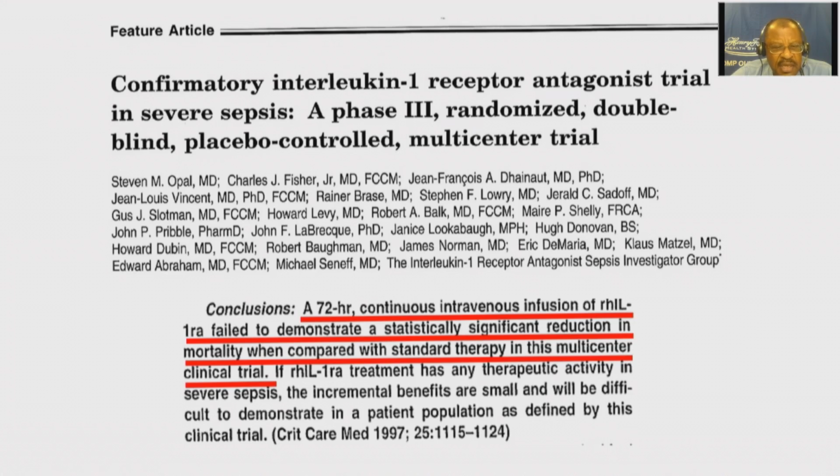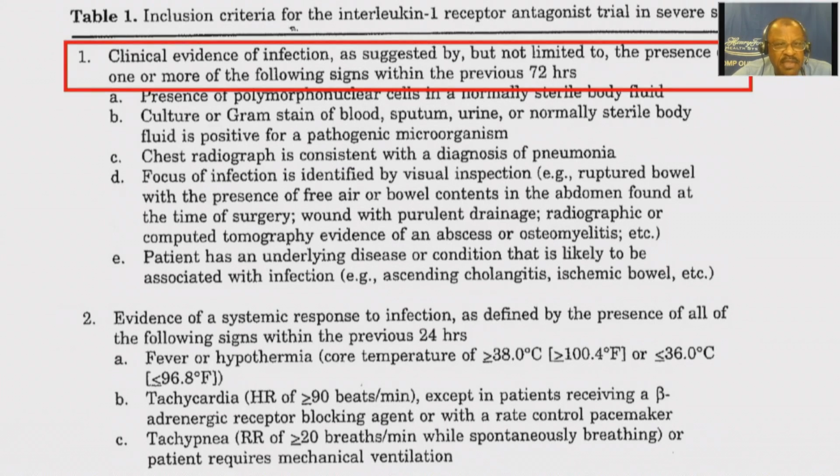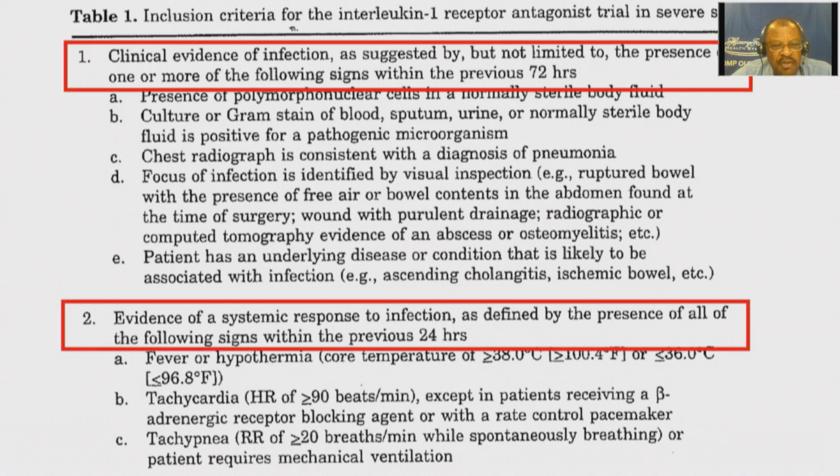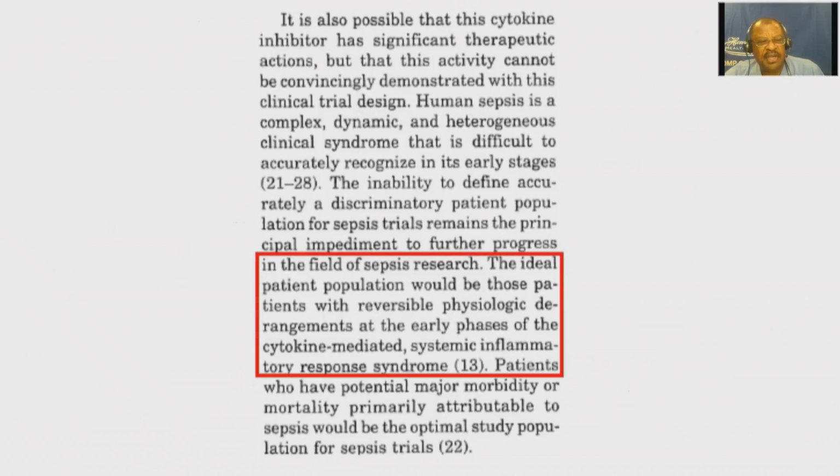But again, this was in a patient population that was enrolled within 72 hours of sepsis diagnosis, within 24 hours after the clinical onset of infection. This may be too late for a lot of patients, because the magical time period when we should enroll these patients may actually be in earlier phases of the disease.